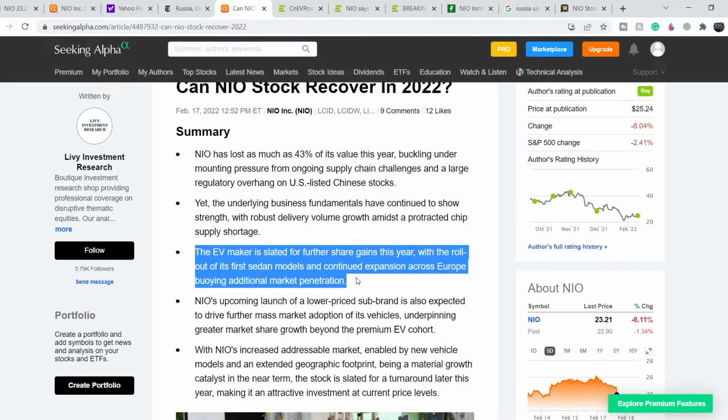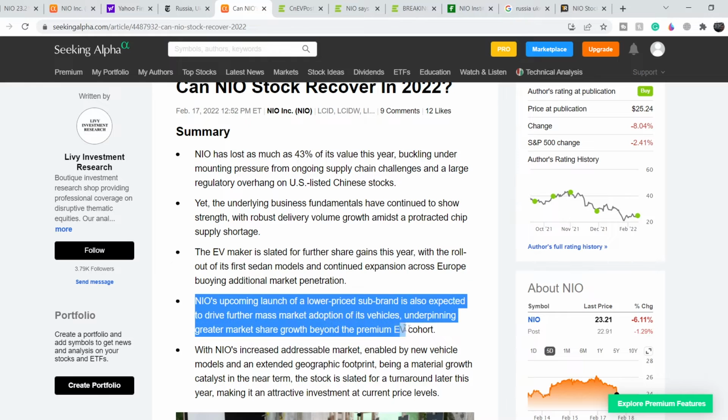The EV maker is slated for further share gains this year, with the rollout of its first sedan models and continued expansion across Europe, buying additional market penetration. NIO's upcoming launch of a lower-priced sub-brand is also expected to drive further mass-market adoption of its vehicles, underpinning greater market share growth beyond the premium EV cohort.